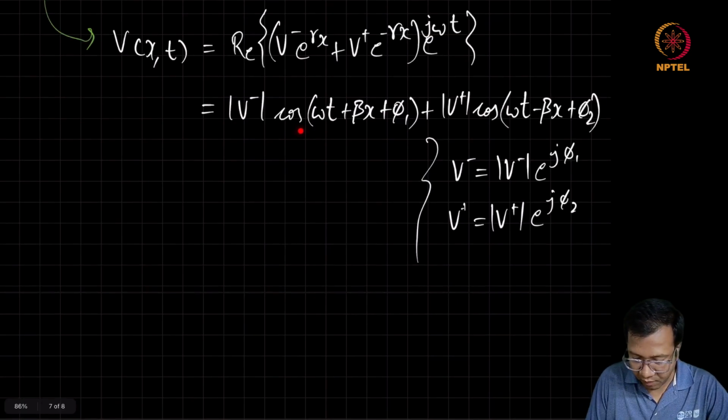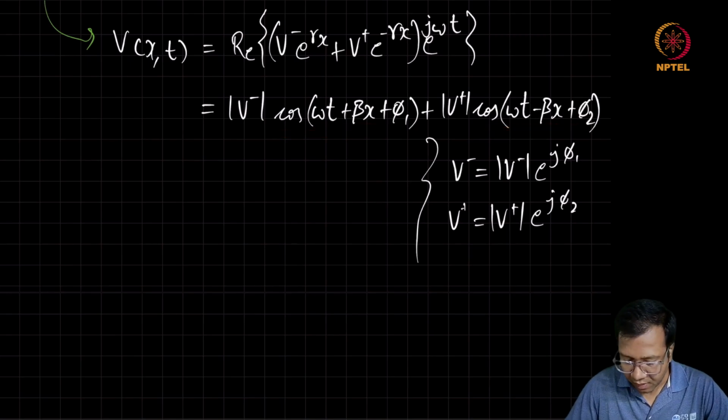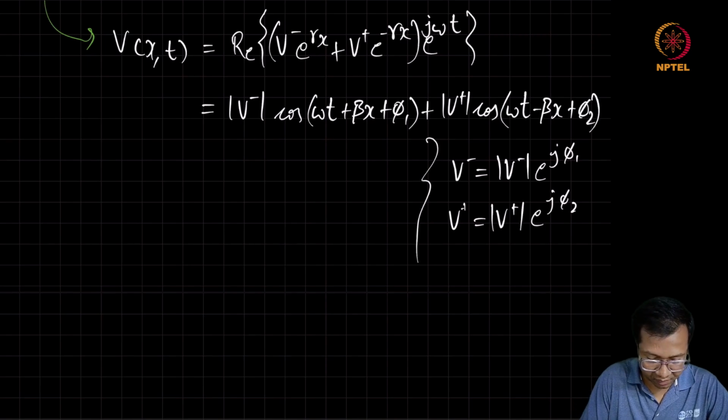So if you look at this equation carefully, you can see that each of these terms corresponds to a traveling wave, and based on the polarity of beta x here, the term on the right side is a traveling wave moving in the positive x direction, whereas the term on the left side is a traveling wave moving in the negative x direction.